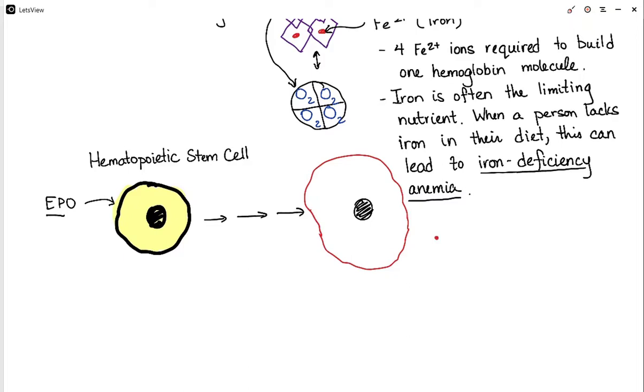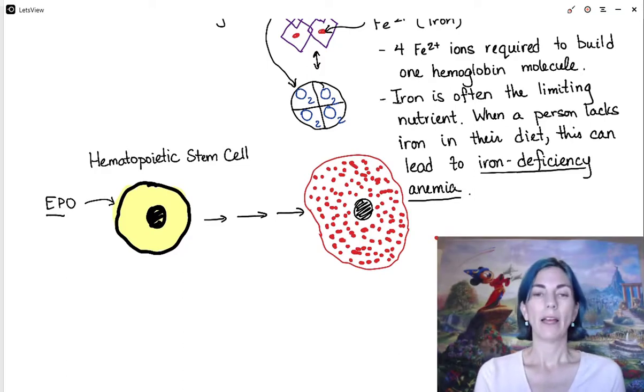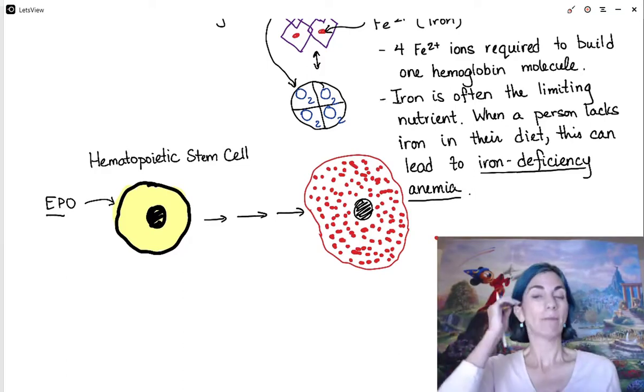Now, hemoglobin is red because iron is red. It's what makes the red blood cell red, which makes your whole blood red. All of this is due to the fact that iron, when it's oxidized like this, is red. So each one of these dots represents hemoglobin, and we're going to put so many in here that the cell gets really big. So the cell is now really big.